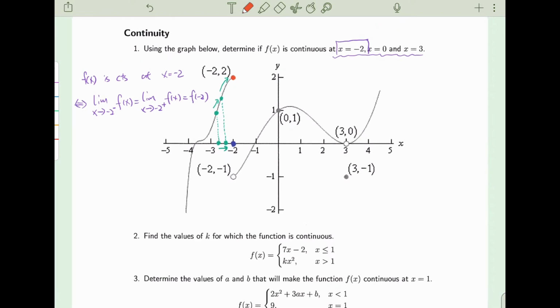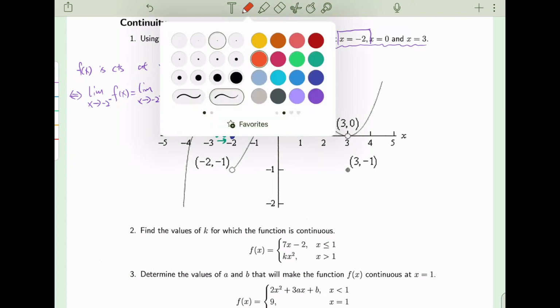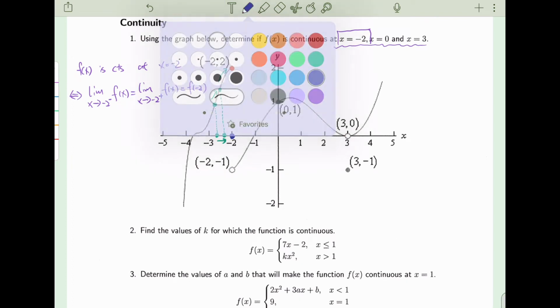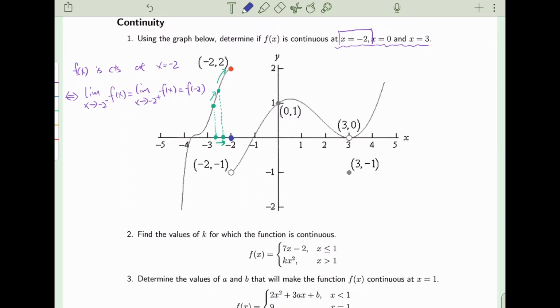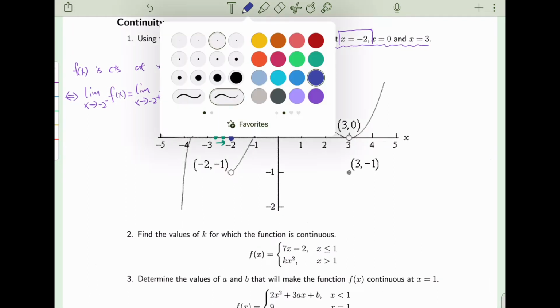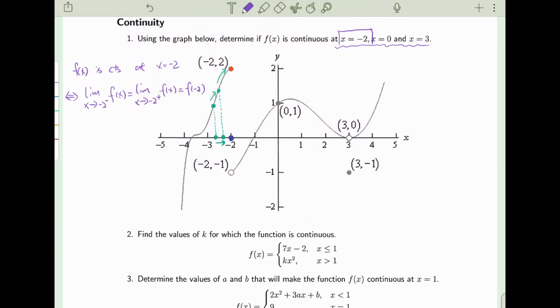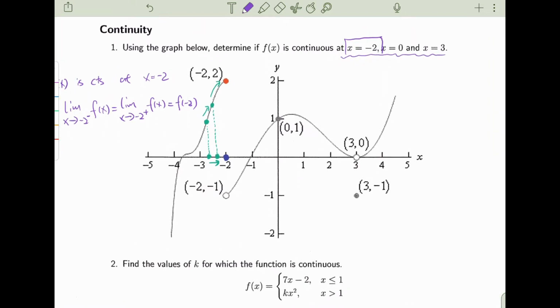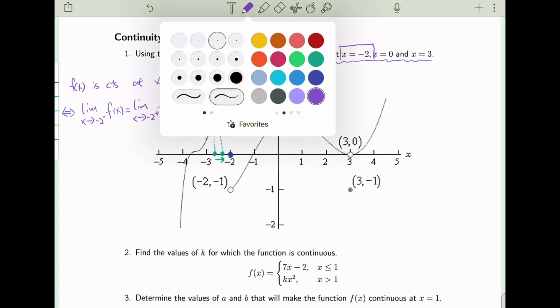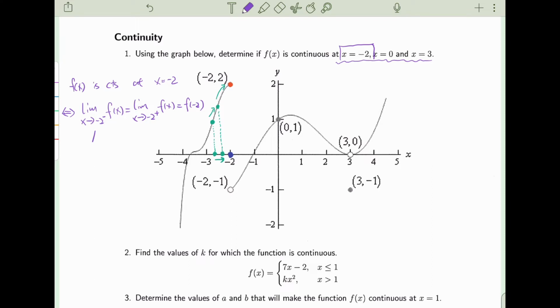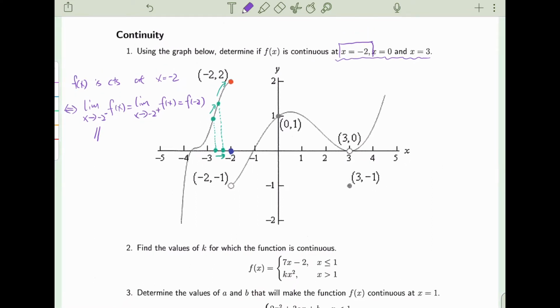So you can see that when x approaches -2 from the left side of -2, then the value of the function is gonna approach the y value of the orange point, which is 2, right? So I have my first left limit here from the curve, that is 2, okay? So the left limit is equal to 2.